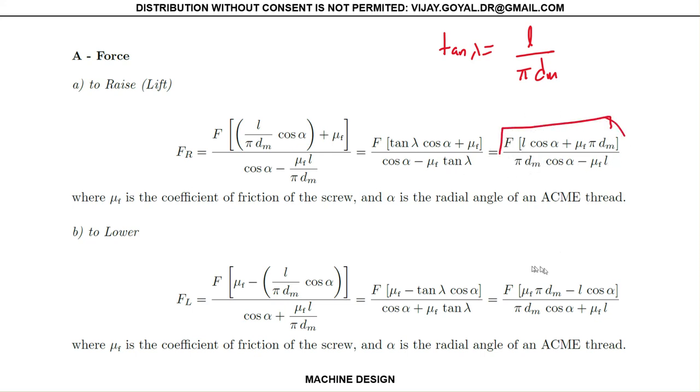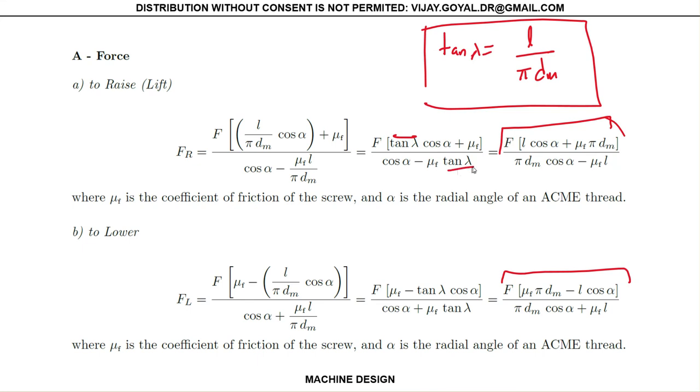The same thing here, by substituting this expression for tangent lambda. So you can do the whole expression. I am not going to do this derivation. This is your final answer. This is what you use. Or if you have the lead angle, you can use this. So use one or the other.